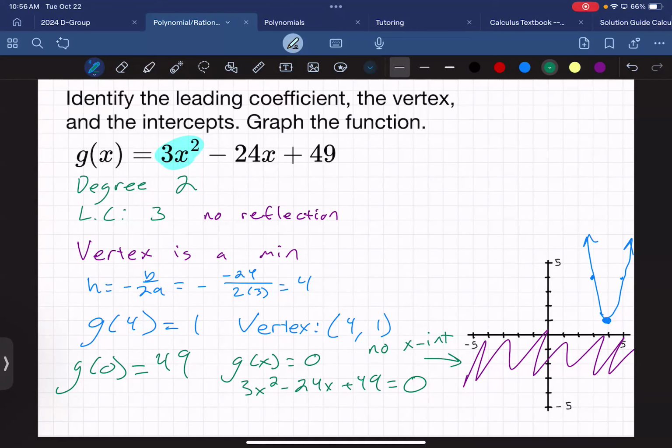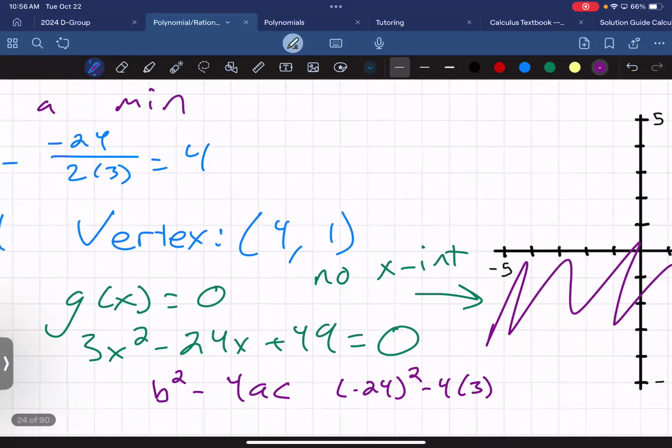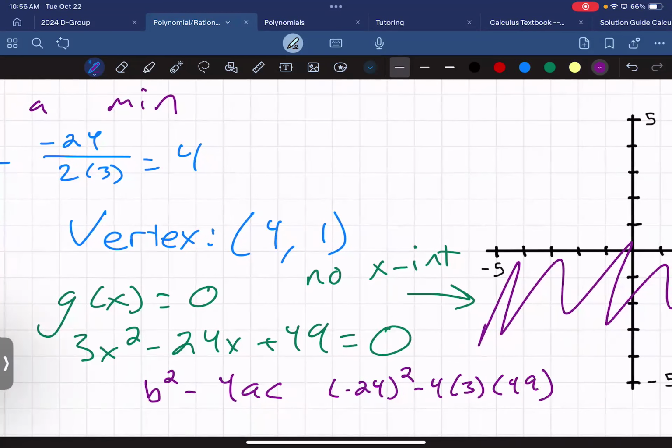With that said, also remember, as I stated yesterday, if you choose to use the quadratic formula, focus on this piece first. That's inside the square root. So if we focus on that alone, we'll have negative 24 squared minus 4 times 3 times 49.